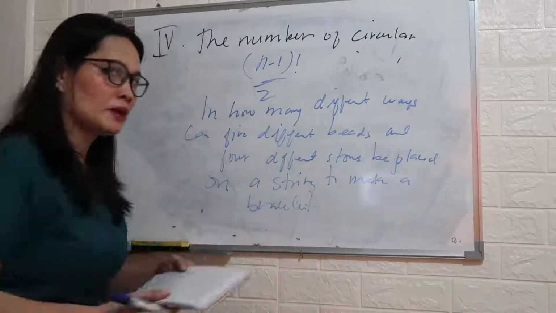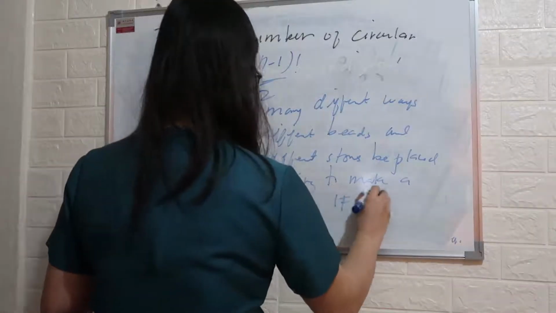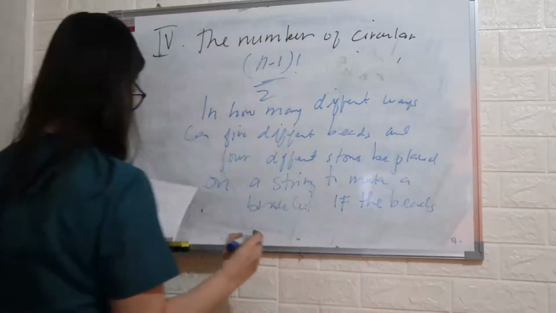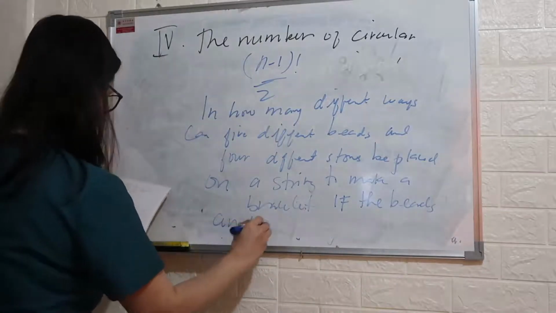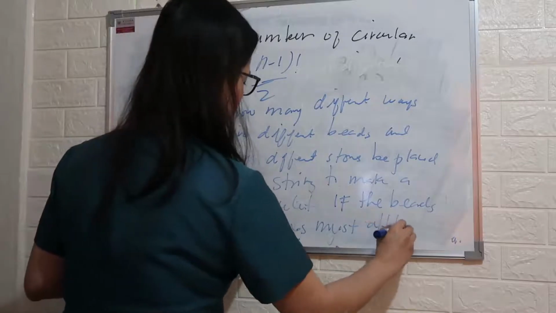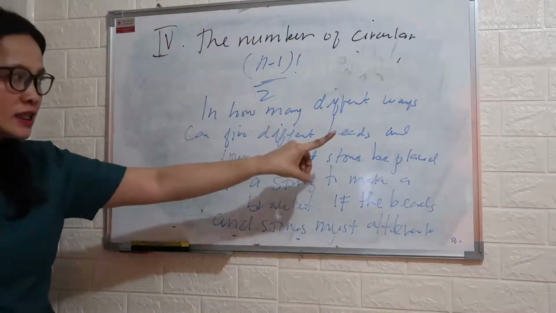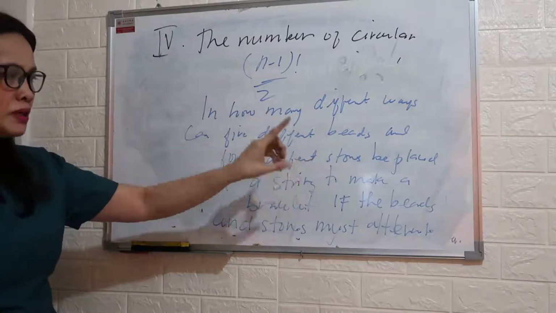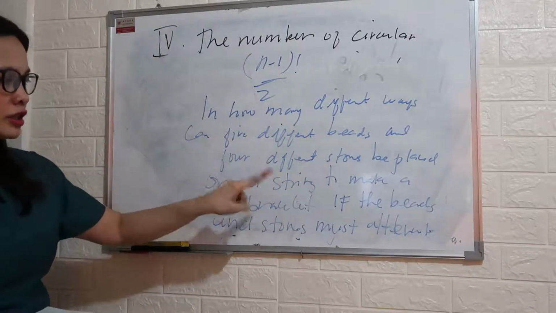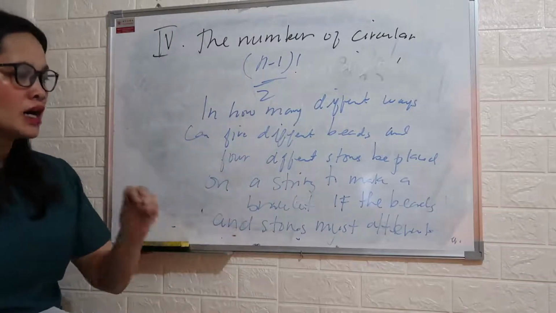Okay? So kapag bracelet, pwedeng ma-flip. If the beads and stones must alternate. In how many different ways can 5 different beads and 4 different stones be placed on a string to make a bracelet if the beads and the stones must alternate?